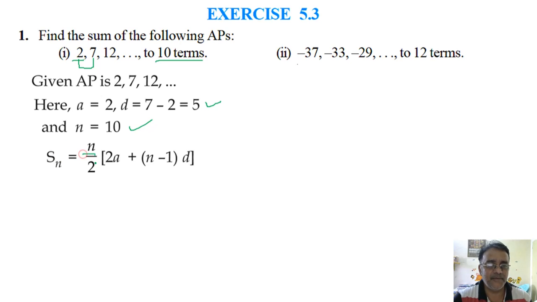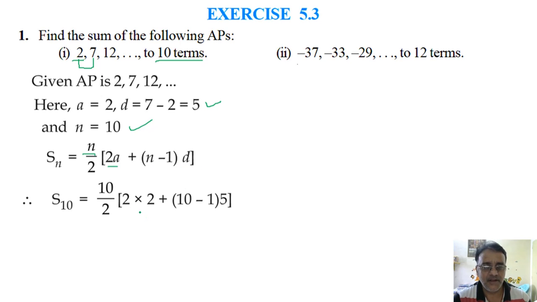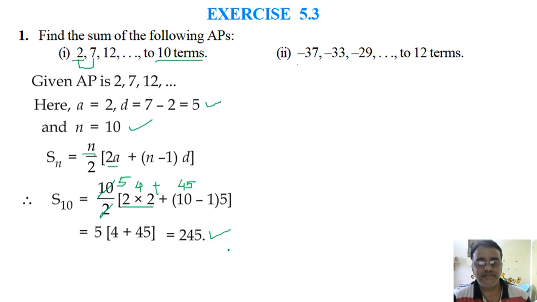It will become 10 by 2, 2 into 2 plus 10 minus 1 into 5. So what we are going to get: 4 plus 9 into 5, 45, that is 49. This 10 by 2 can be cancelled, so we have 5 into 49, that is 245. Any doubt here? No, sir, direct question only.